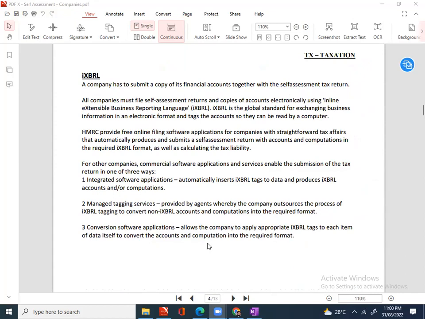This language is known as IXBRL. What is this? This is simple theory, no need to memorize it, it's an integrated software application which integrates the tax system with your computer, your desktop, your mobile application, and helps you in order to submit the details to government, or in order to file the return.